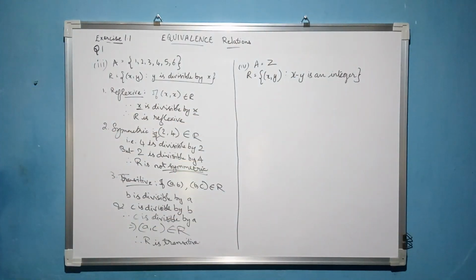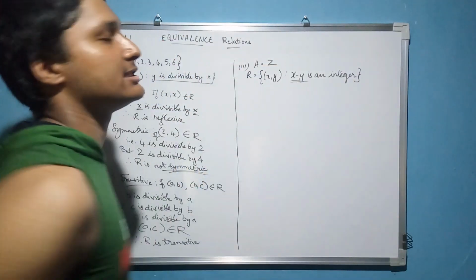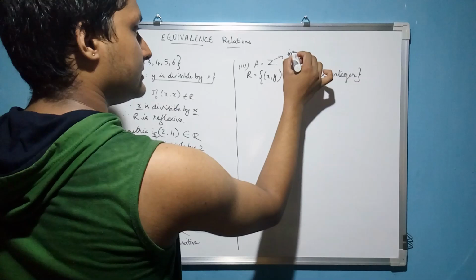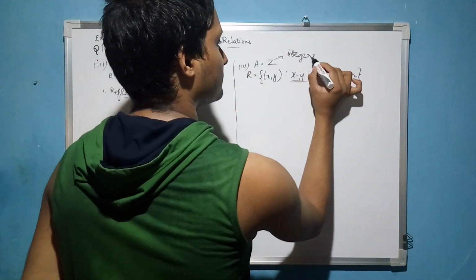Before this, I need to tell you the properties of integers. Subtraction under integers is closed, and hence an integer minus an integer will always be an integer. So what is the condition here? x minus y is an integer, and Z stands for the set of integers, right?